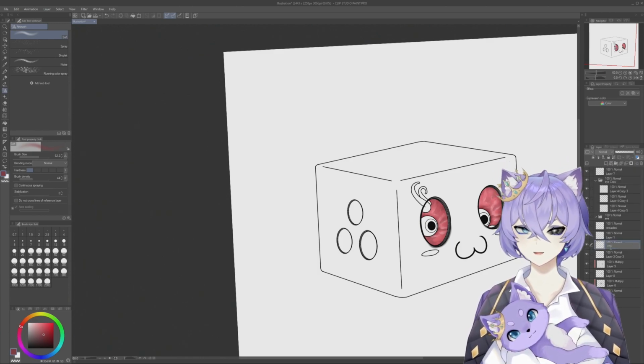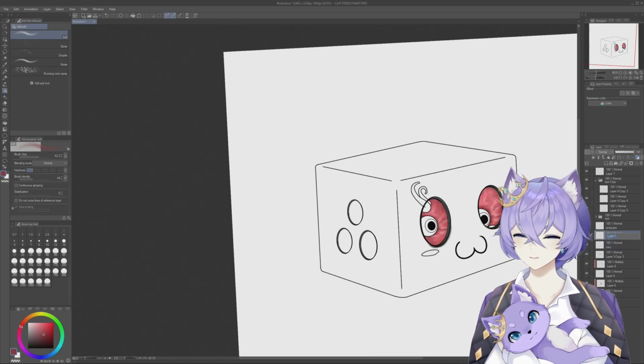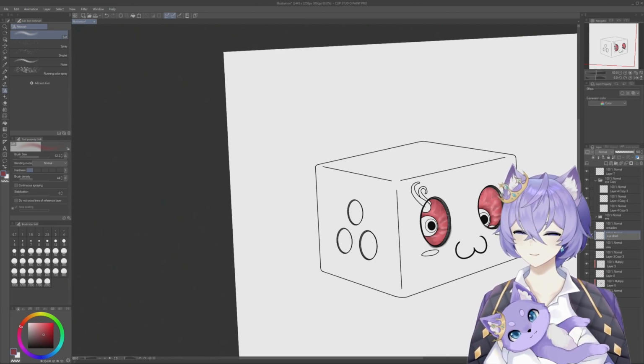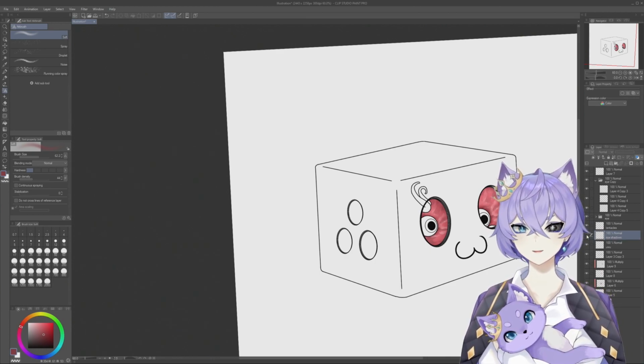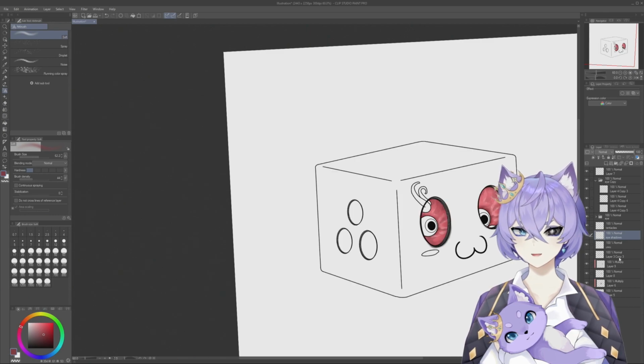This is the uwu. This is the eyeshadows. All right, we have eyeshadows, we have tentacles, we have uwu, we have... Oh, that's the outline.